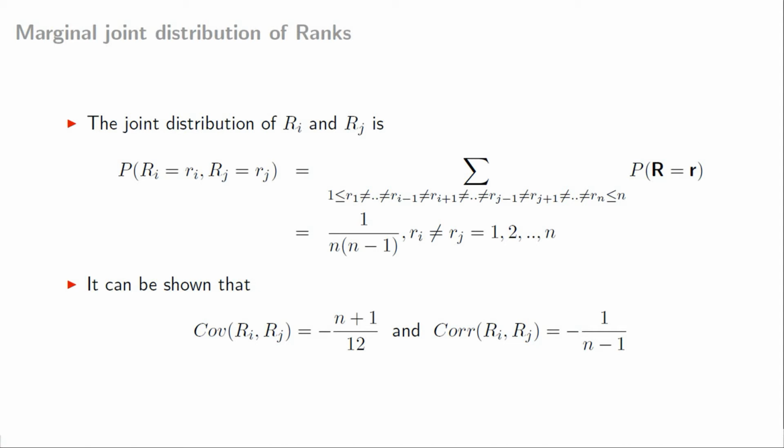The reason is that the sum of the n ranks is nothing but the sum of the first n natural numbers, which is n(n plus 1) by 2. So, there is a negative relationship between Ri and Rj if the other ranks are kept fixed. So, we find that the correlation coefficient comes out as negative.